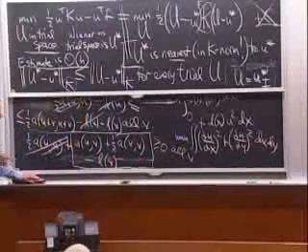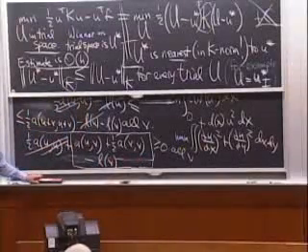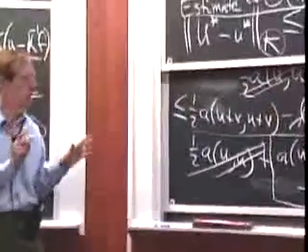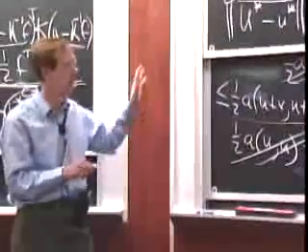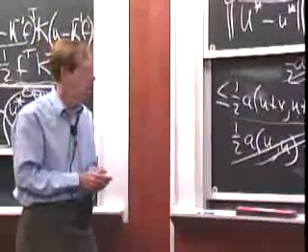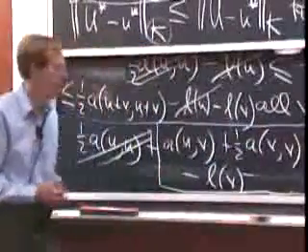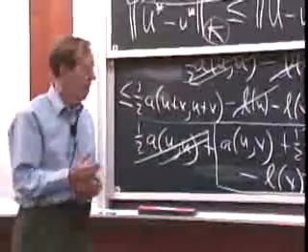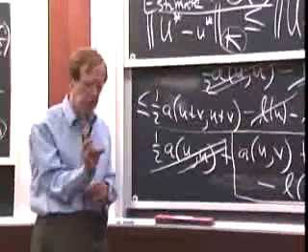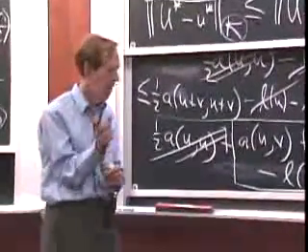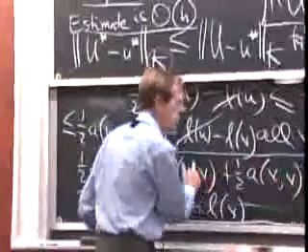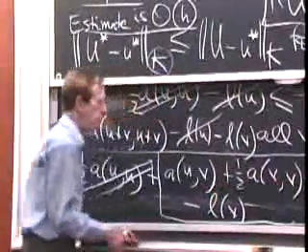Now we're just going to repeat the same discussion that we had last time with different letters. If this is going to be greater or equal to 0 for all v, then I'm going to think of small v's, in which case this term is going to be smaller than the others and won't help.